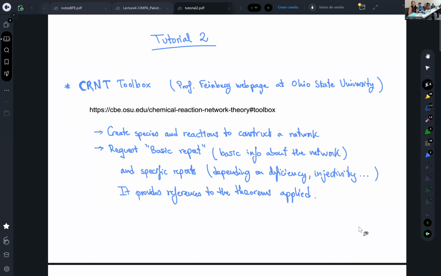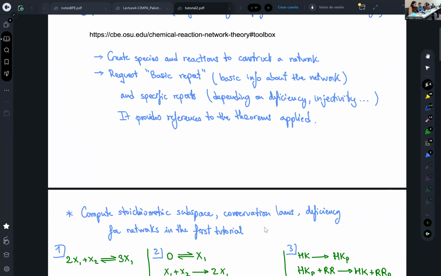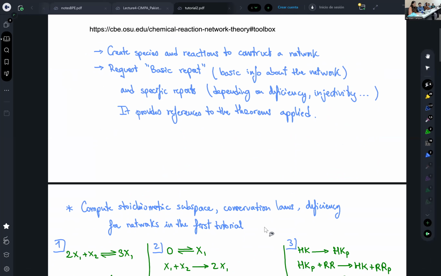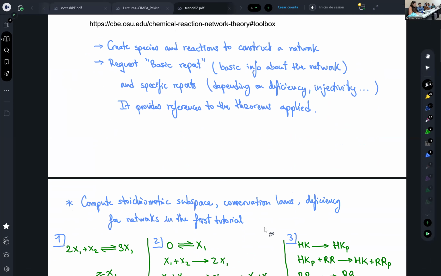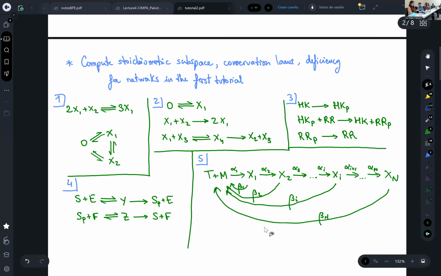But first, maybe try this tool and see what you can say with the existing tools. And what you cannot say, that is the source of research. So these were the networks from the first tutorial. I will also maybe upload this file and then you have them. And my next suggestion is that you try all the concepts from the second lecture.